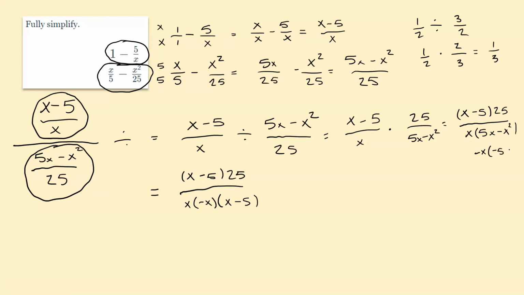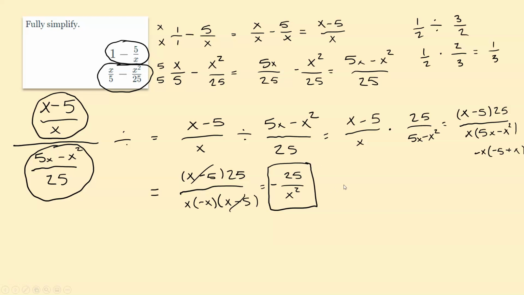It'd become negative 5 plus x, which I'm rewriting to x minus 5, switching those around so that now we can see that these factors cancel. So then we are left with 25 over negative x squared, which I'm just going to bring that negative out in front. And that is our final answer. Nothing else to simplify there.